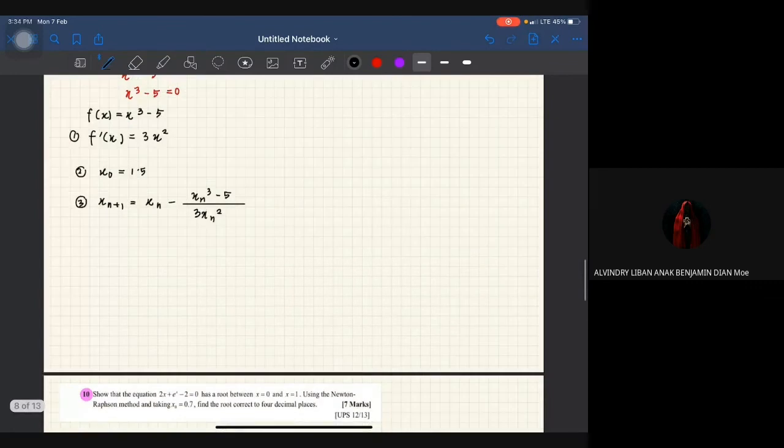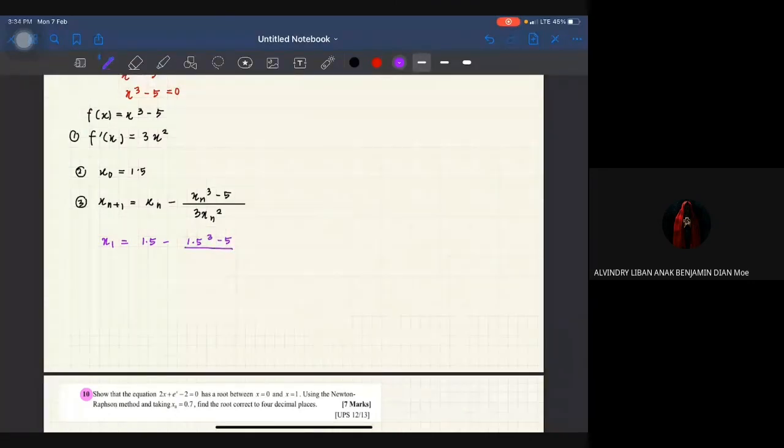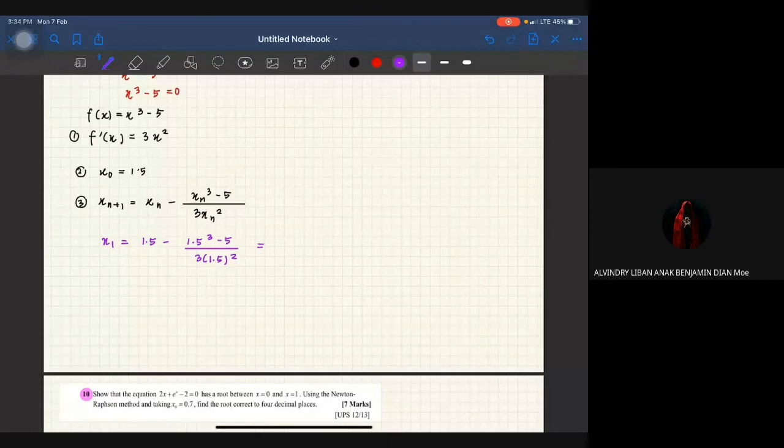Okay, jom kita masukkan nilai. So x1 is going to be 1.5 minus 1.5 cube minus 5 over 3 times 1.5 squared. So what do you get for this one is 1.741.